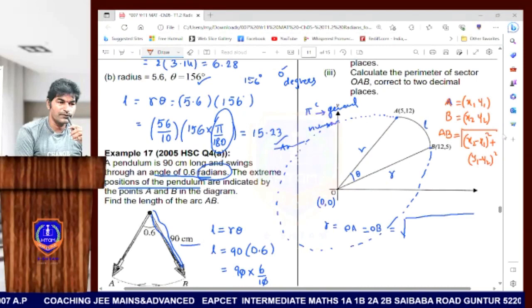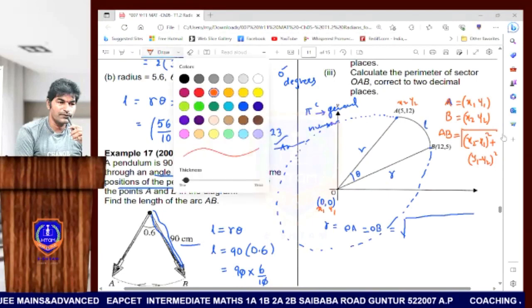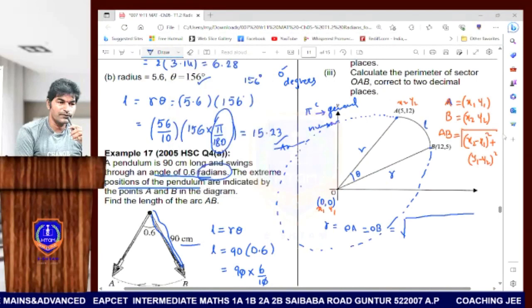So here (x1, y1) is (0, 0), and (x2, y2) is capital A point, or you can also take capital B point as (x2, y2). No problem, both will give you the same value. For our radius, we are measuring the distance between 2 points.